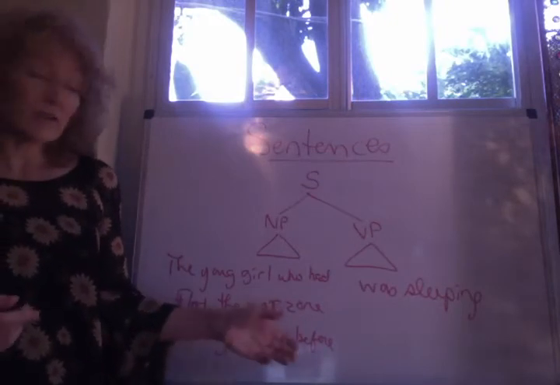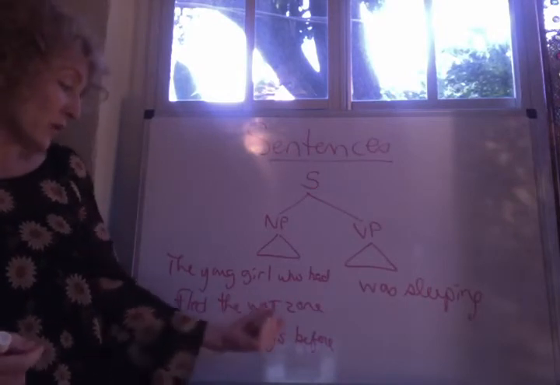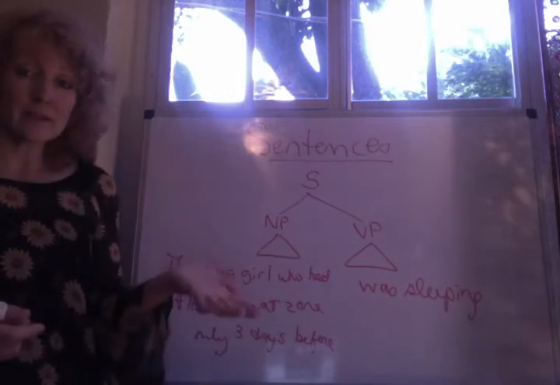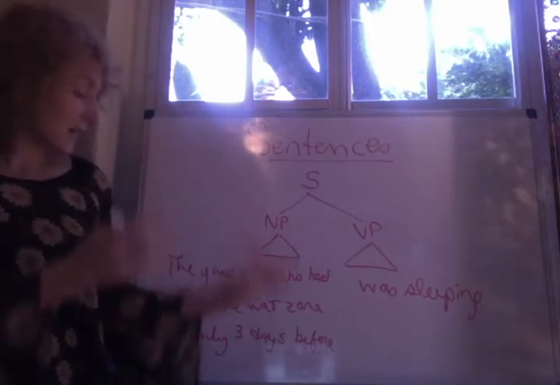And in fact, if you think about it, within this subject, the young girl who had fled the war zone only 3 days before, we can see material that we would identify as being a verb group, a verb phrase, a predicate, and actually a sentence.